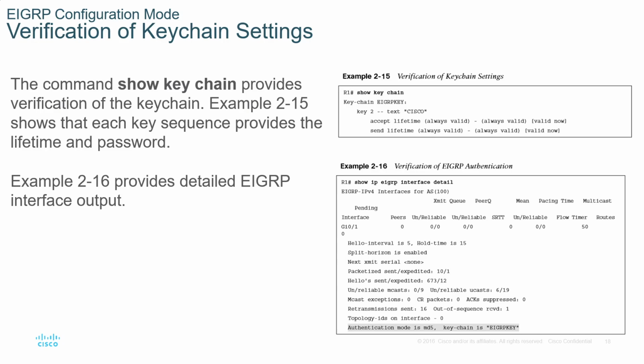You can have multiple keys and multiple times that the keys are valid on, but the default is always. Now, if you go back to that show IP EIGRP interface detail command, we will now see under authentication that it's using MD5 and which keychain it is using.